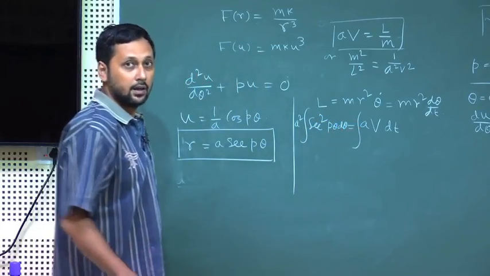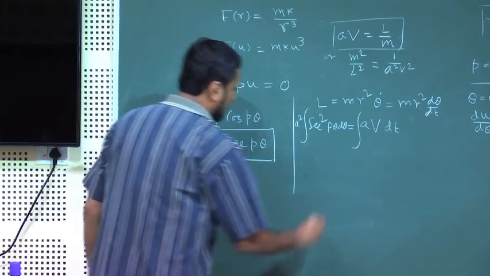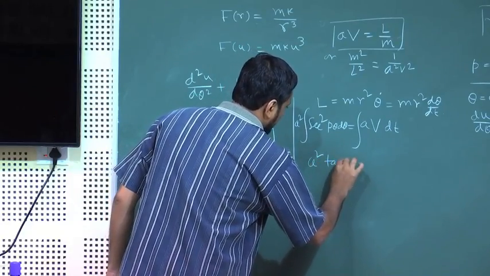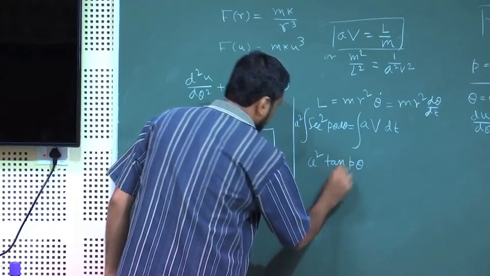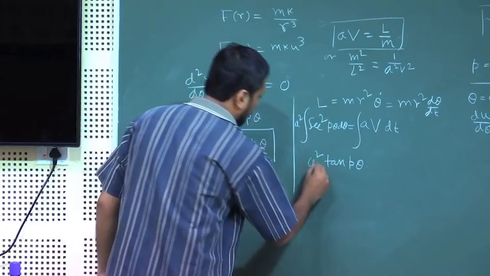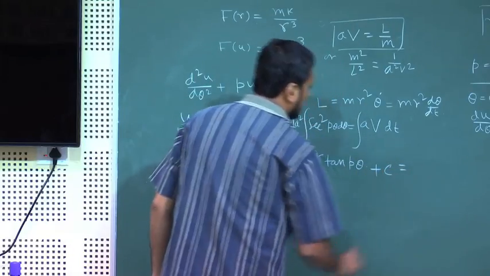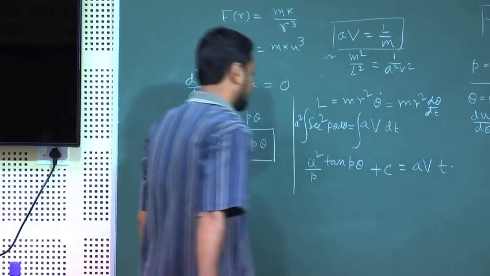Now, if you integrate this part, you will get a square tan p theta, there will be a 1 by p coming, plus some constant equal to a times v times t.